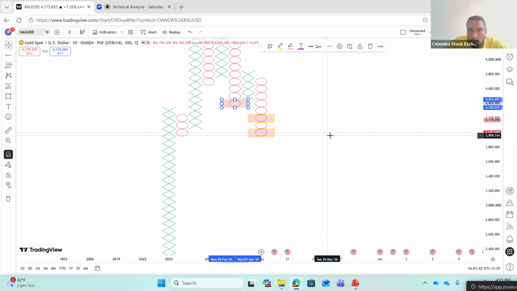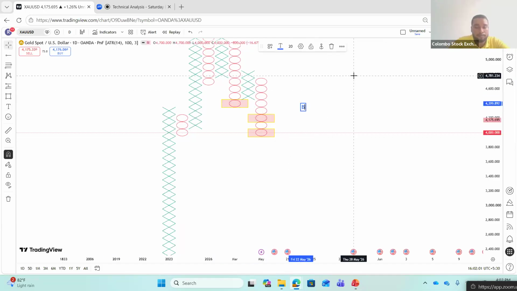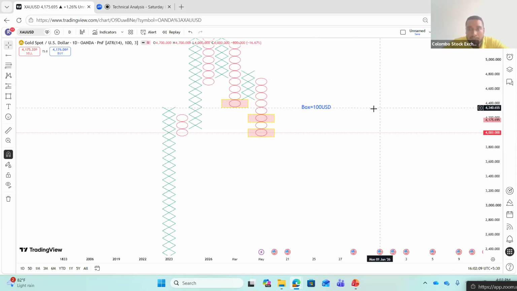Here it should be 4,250, 4,150. So here the boxes are about 100 USD. That means the price difference of a box is 100 USD. That is for the gold chart. So for other charts, the size of a box can be different.